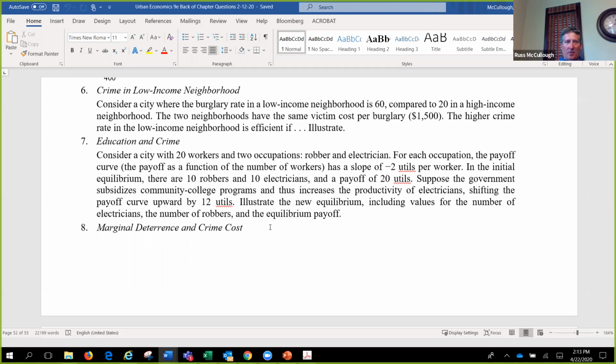In the initial equilibrium, there are 10 robbers, 10 electricians, and a payoff of 20. Suppose the government subsidizes community college programs and thus increases the productivity of electricians, shifting the payoff curve upward by 12. Illustrate the new equilibrium, including the values for number of electricians, number of robbers, and the equilibrium payoff. Okay, who wants to share?